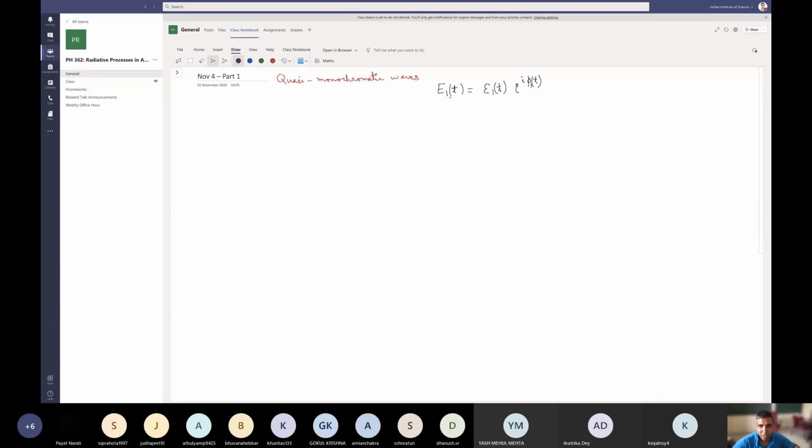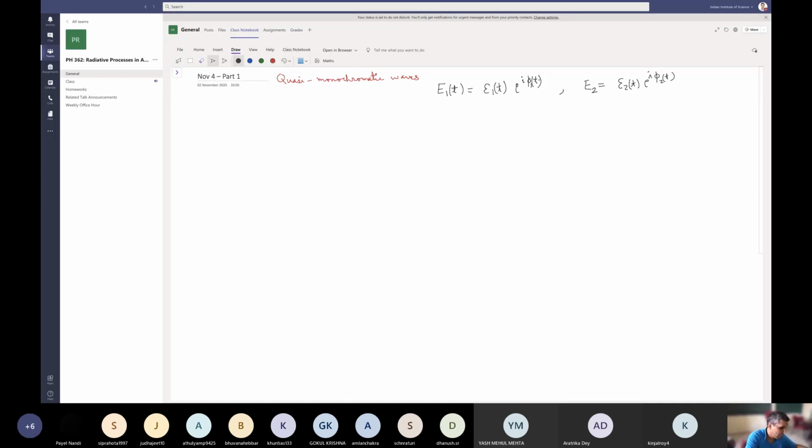Now, if you recall, E1 was the x component, the time varying x component of the electric field. In the perfectly monochromatic waves, E2 had the same form, except that epsilon 1 was a constant and epsilon 2 was a constant, and all the time dependence was actually e to the minus i omega t, right?